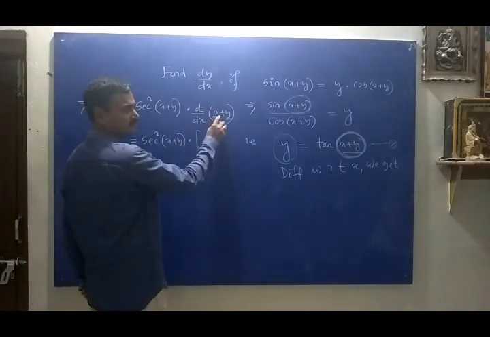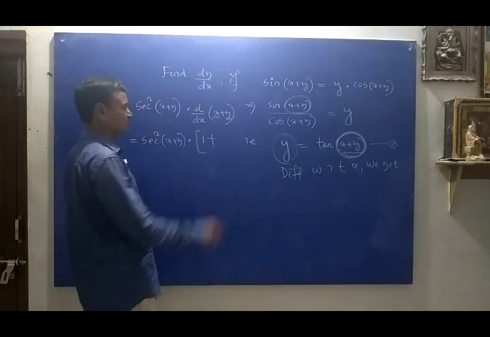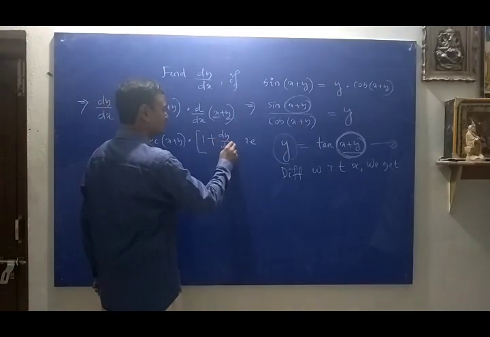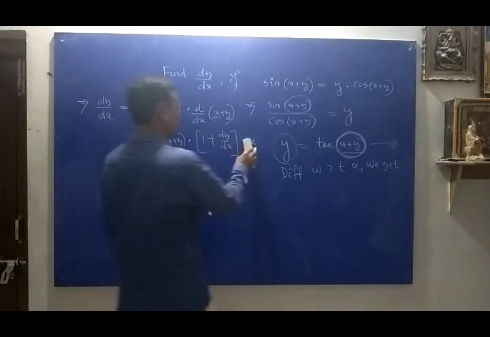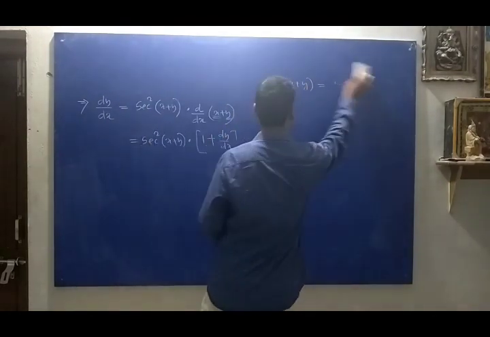The derivative of x is 1 plus the derivative of y, which is dy by dx.